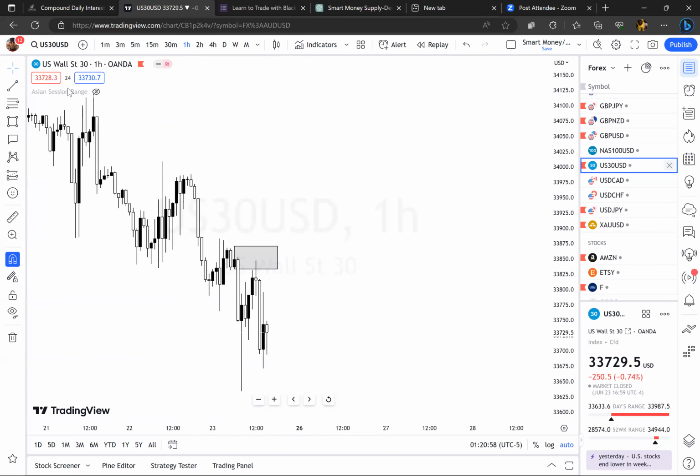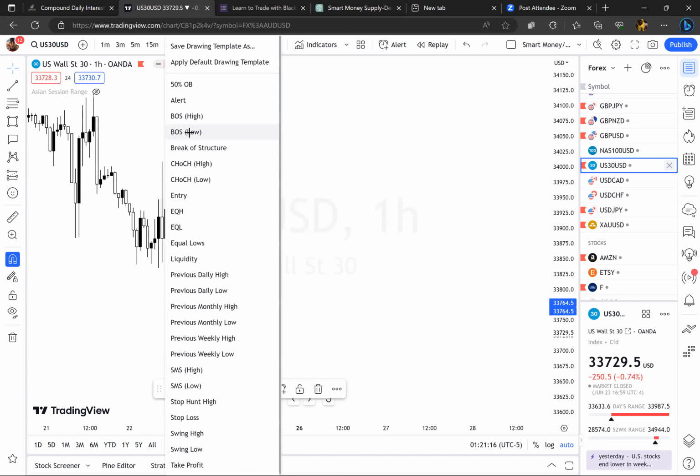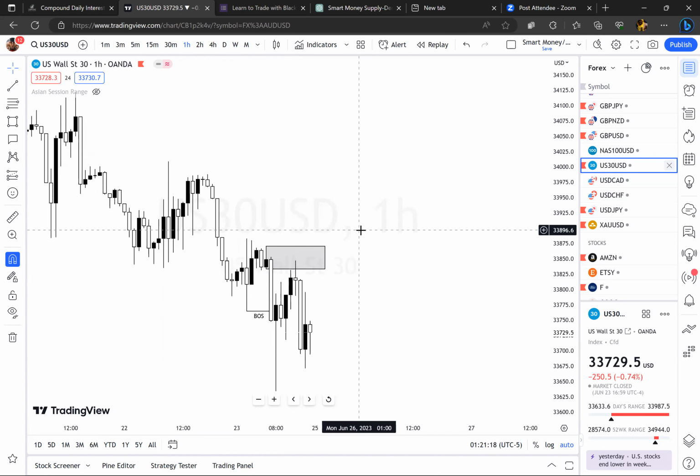Perhaps. See, we do have a break of structure right here. Man, what's going on? I can't get my lines and stuff right. Break of structure there.